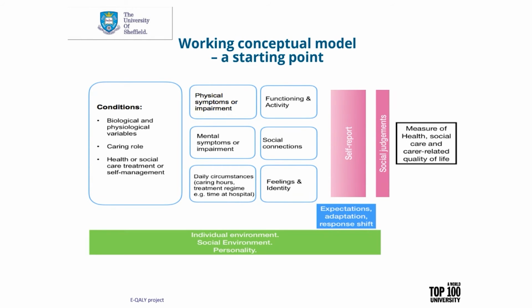And then obviously self-report, because at the end of the day, we want what is largely a self-reported measure. Obviously, this is a simple conceptual model. There's a lot of complexity surrounding it, particularly the importance of somebody's environment, their expectations, people adapt and so on. So there are those issues, and also it's not unidirectional at all, but it gave us a starting point for the first key stage of the project, which was trying to work out the domains.